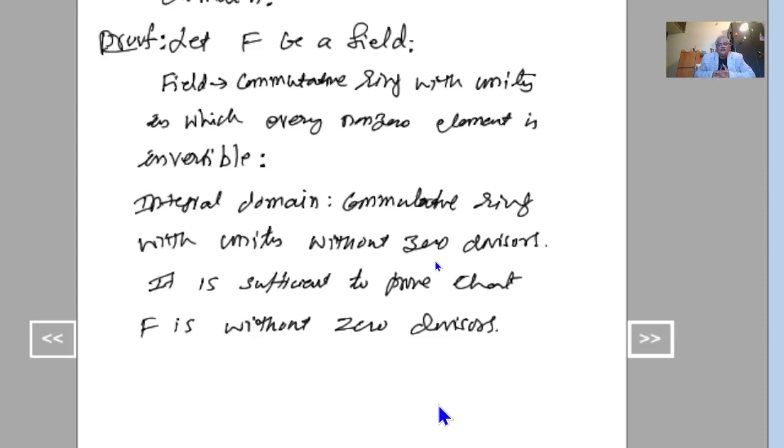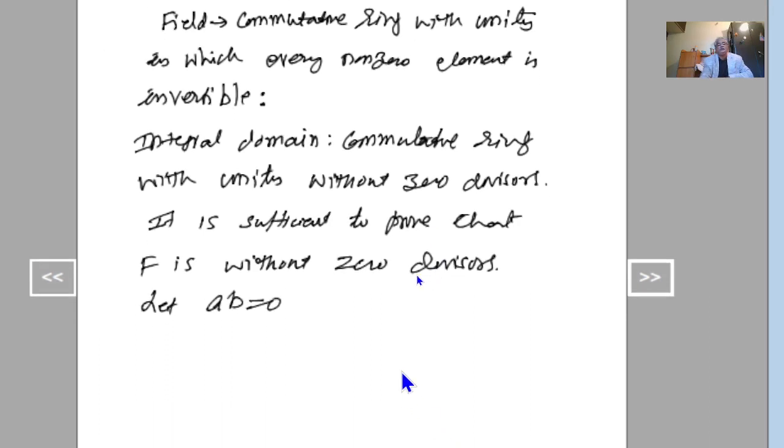Without zero divisors is if A not equal to 0, B not equal to 0 implies that AB is also not equal to 0. Or AB equal to 0 implies that A equal to 0 or B equal to 0. So that is, we have to consider AB equal to 0, then we have to prove that A equal to 0 or B equal to 0. Then this shows that F is without zero divisors and hence this becomes an integral domain. Okay. So here let me consider AB equal to 0. My aim is to show that A equal to 0 or B equal to 0.